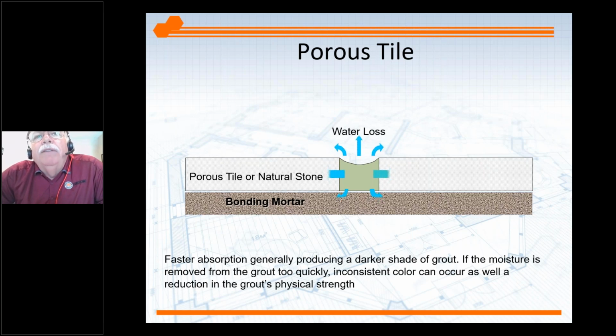So here we have a very porous tile or natural stone. Maybe it's a very hot day in front of a lot of windows, and your absorption rate is going to be much quicker. So you're going to have a darker shade of grout. This type of grout may also be a little bit weaker because it's not hydrating as much as a fully hydrated grout that has a slower hydration rate.